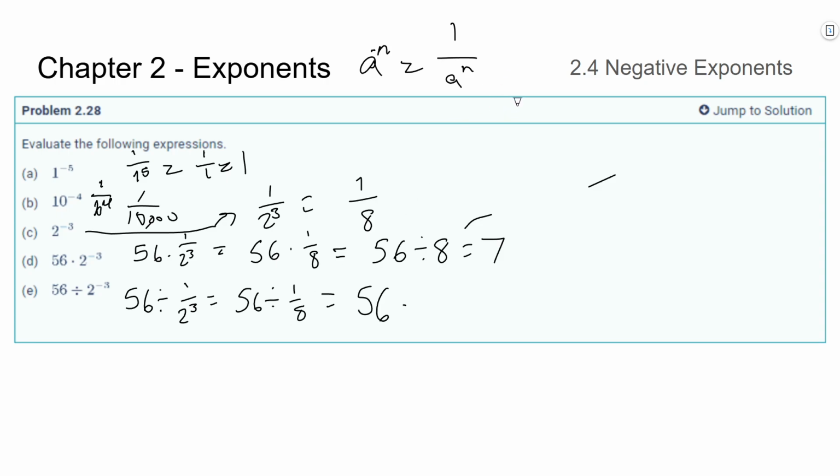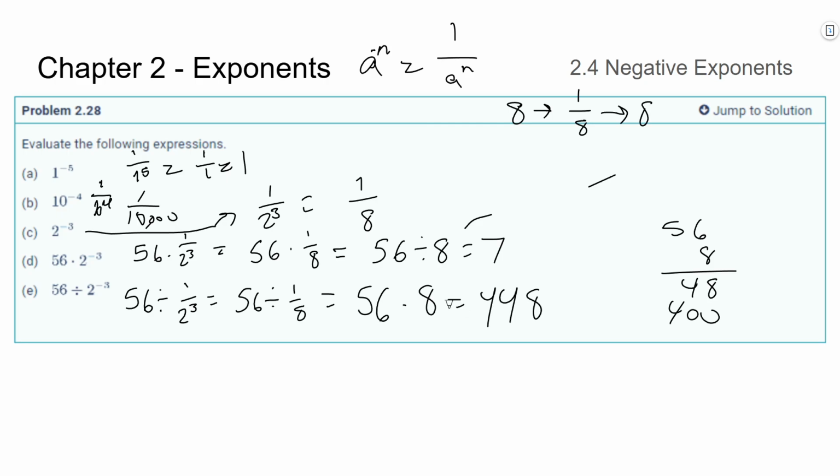So if we have the number 8, the reciprocal is 1/8, and the reciprocal of that is back to 8 again. So the reciprocal of 1/8 is 8. So 56 times 8, let's see what that is. 6 times 8 is 48, and 8 times 50 would be 400, and that would be 448.